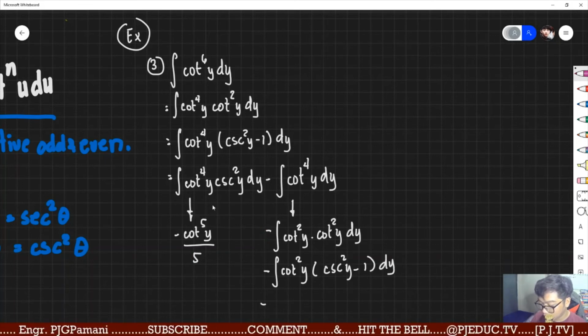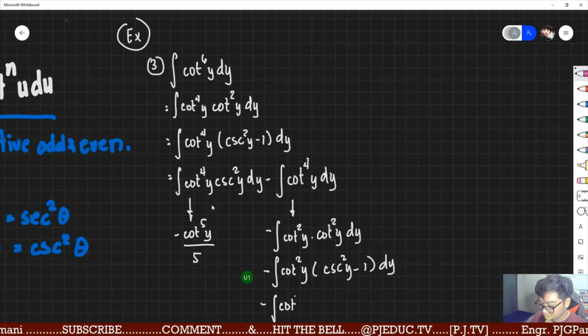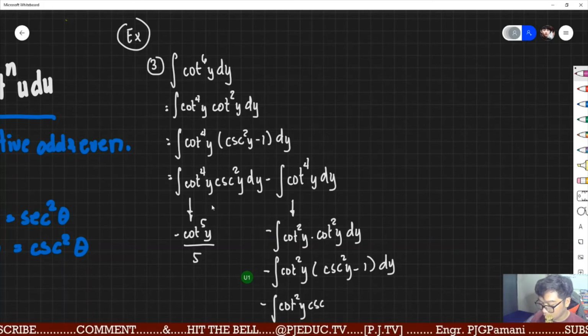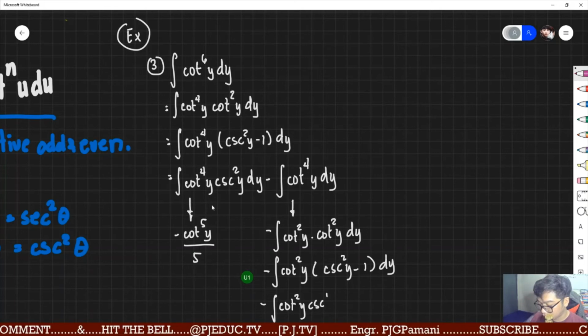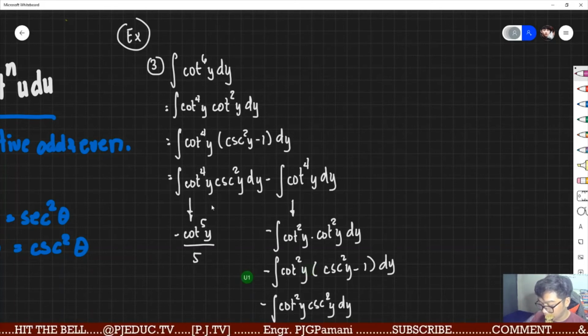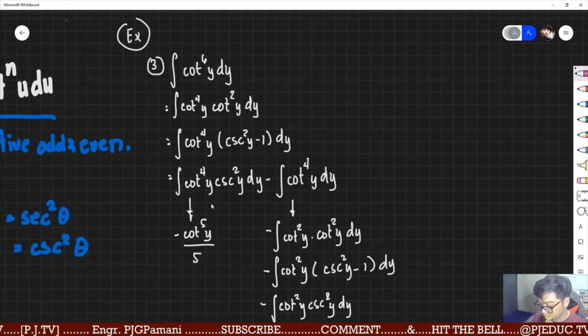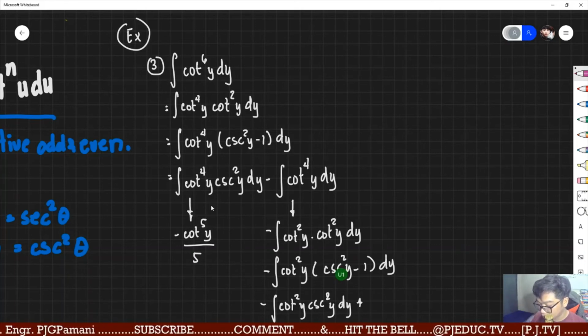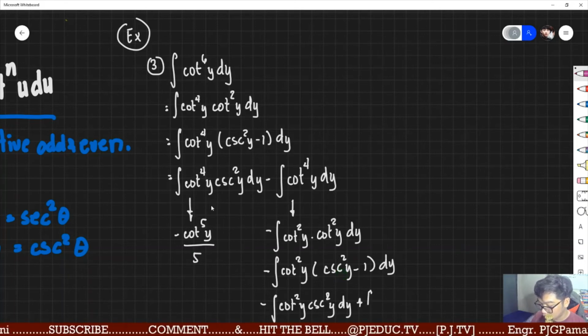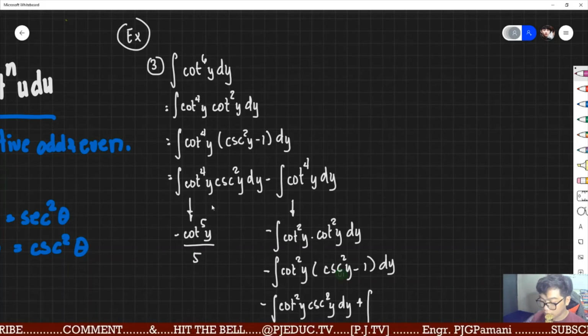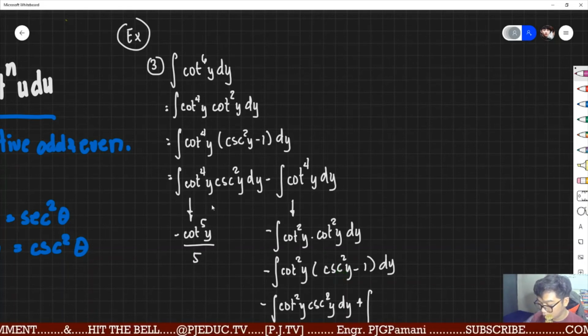Same again: the integral of cotangent squared y times cosecant squared y dy, and then positive the integral of cotangent squared y dy.